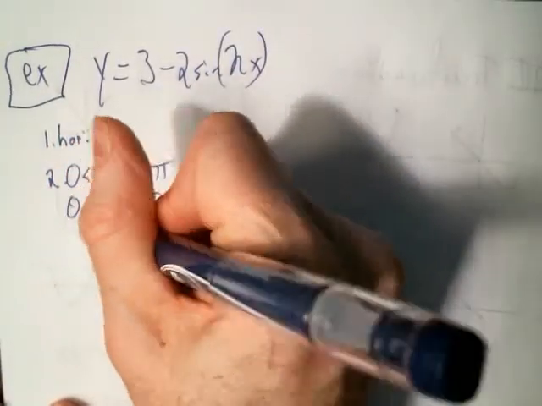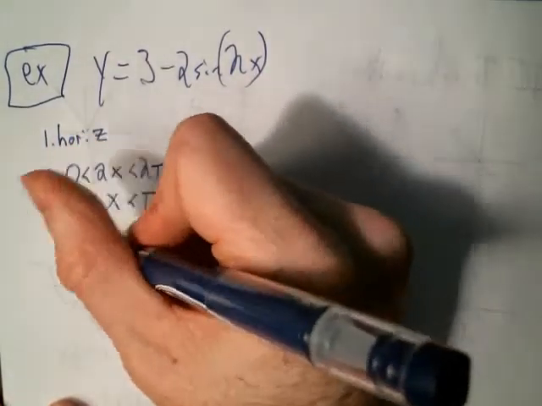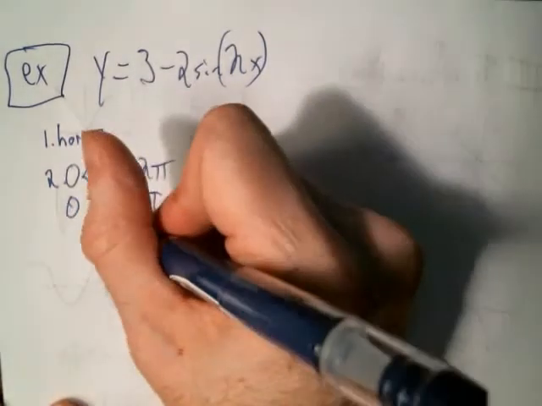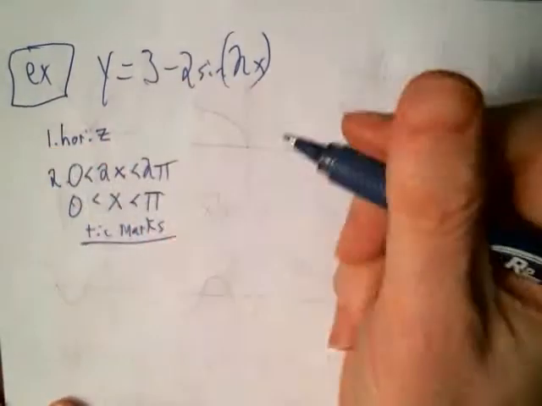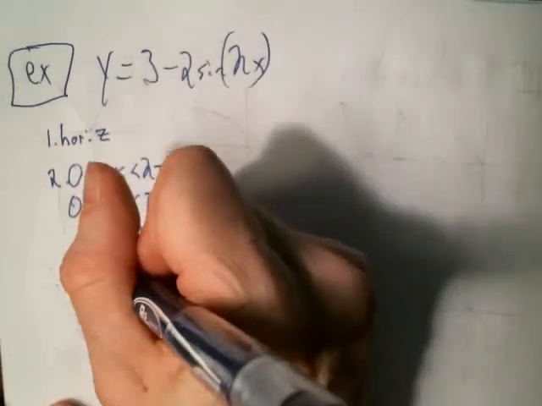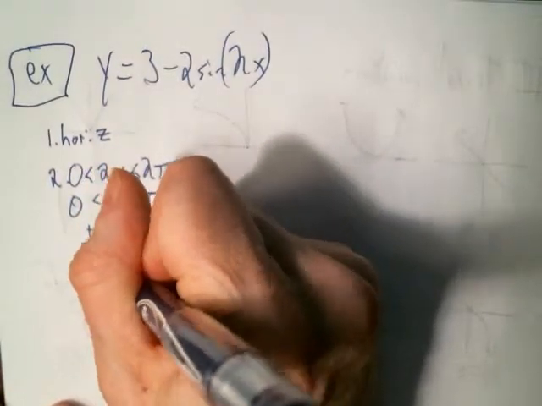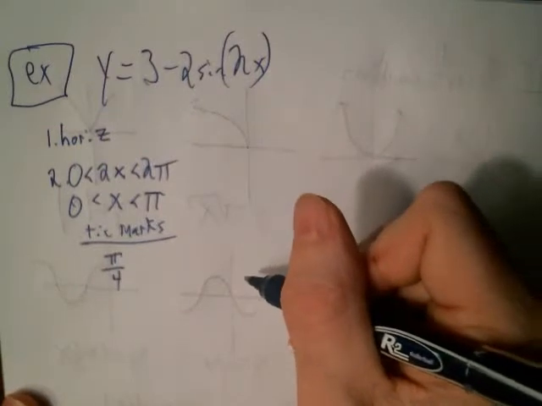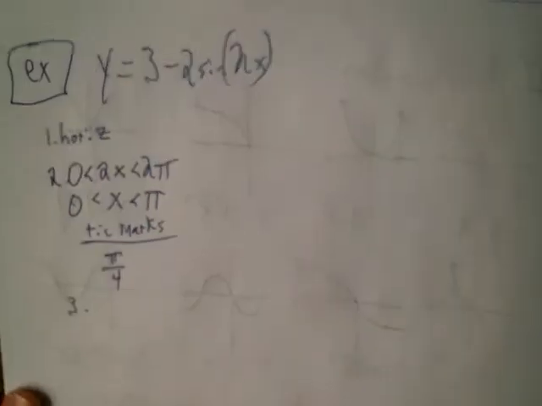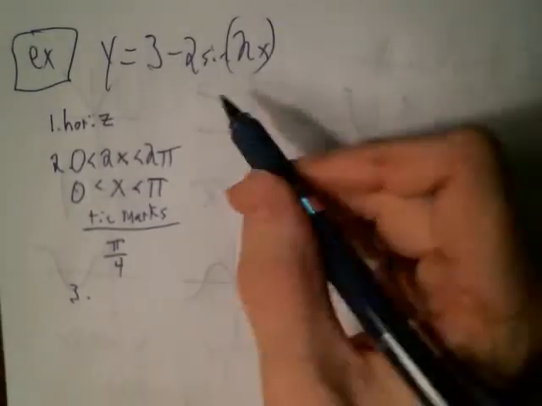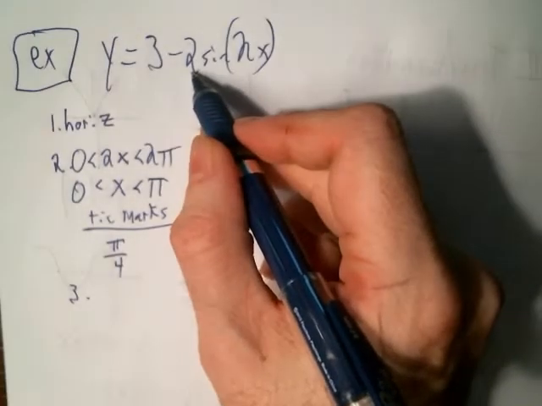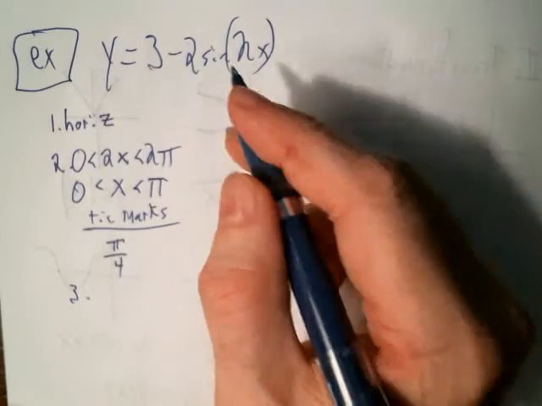Then to get, I always think about my intervals, my tick marks that I'll be using. I just take this interval here from 0 to pi and divide it by 4. So you end up with pi over 4 for your tick marks. Okay. Thirdly, then, we want this outer portion, so we'll have some stretch shrinks there.